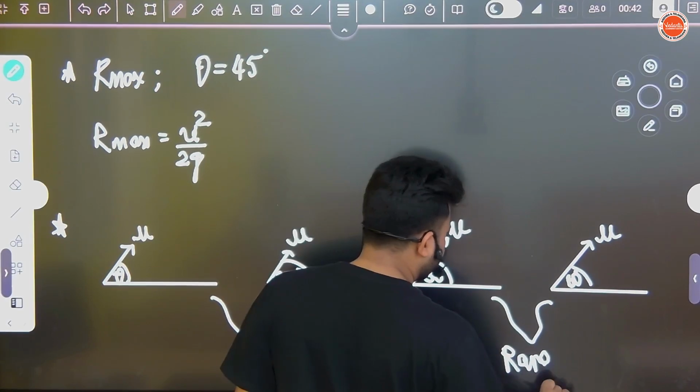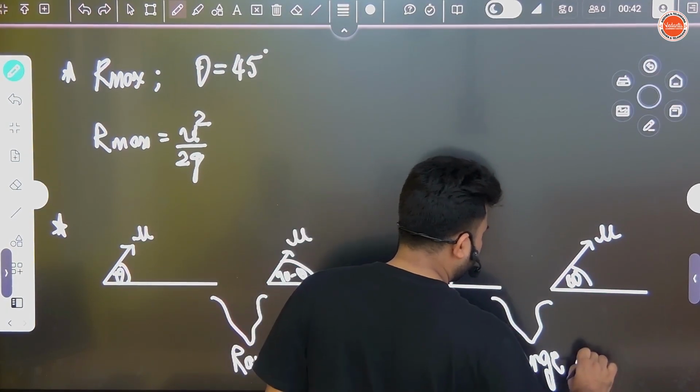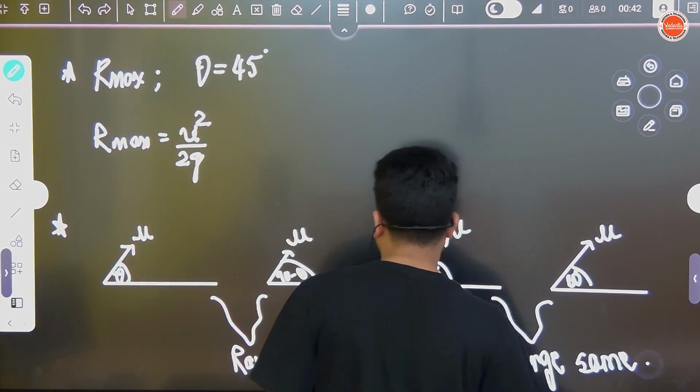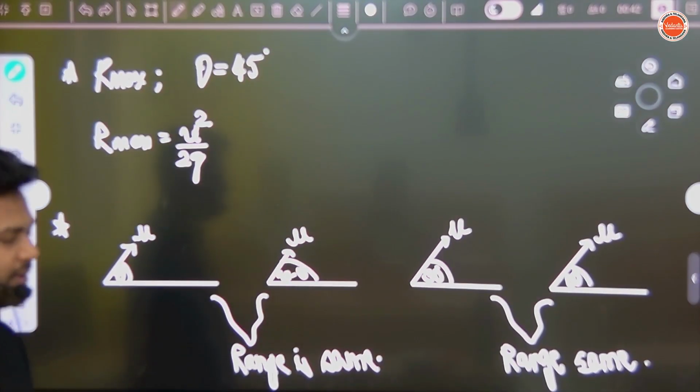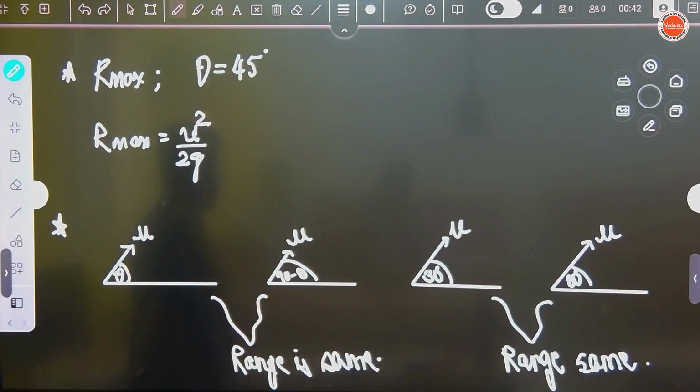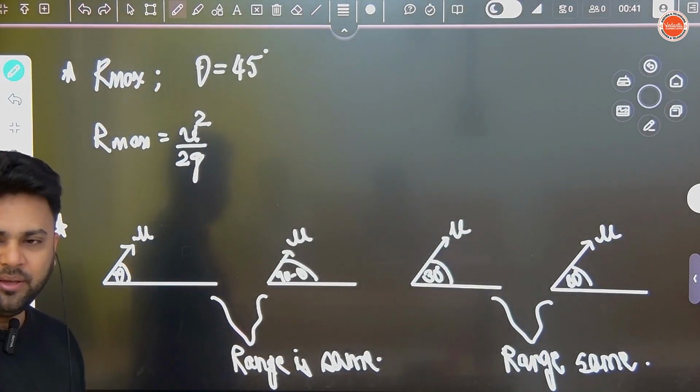You will get the same range. Very important point. I don't know how many of you remember. Many people don't know this.